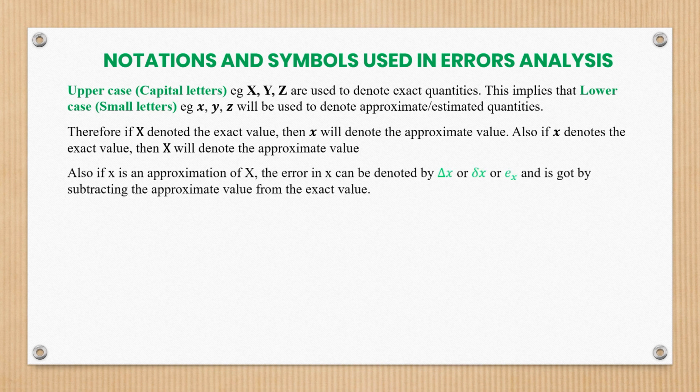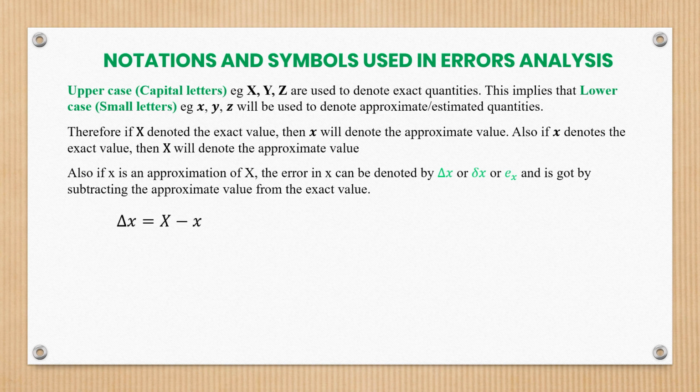Also, if small x is an approximation of capital X, the error in small x can be denoted by this. As you can see, we have delta x, we have sigma x, and then we have ex, and it is got by subtracting the approximate value from the exact value. So now we're looking at a case where small x is the approximation and capital X is the exact quantity.